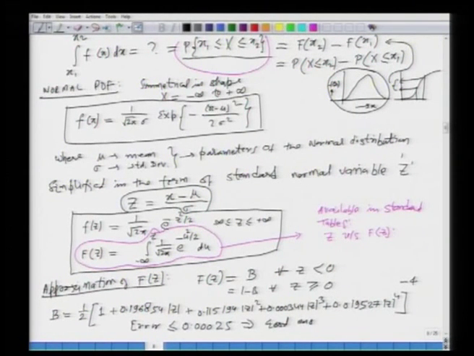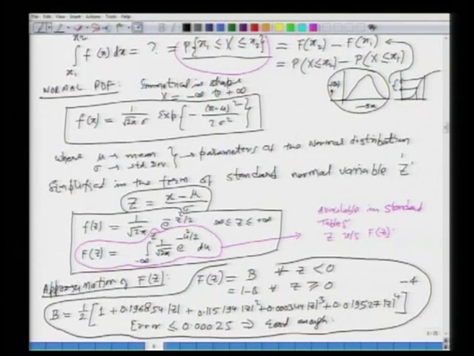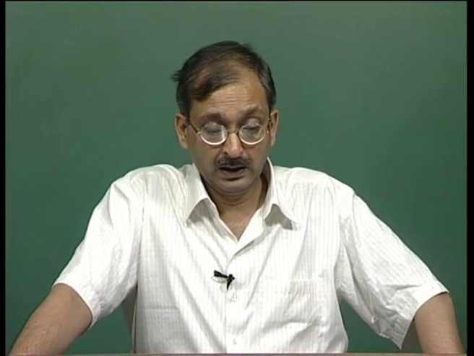So, you see that we can use this approximation of your F of z in a computer program very easily, which will give you quite an accurate value of your F of z given z, which is useful in a computer program while you are analyzing certain water resources management problems.